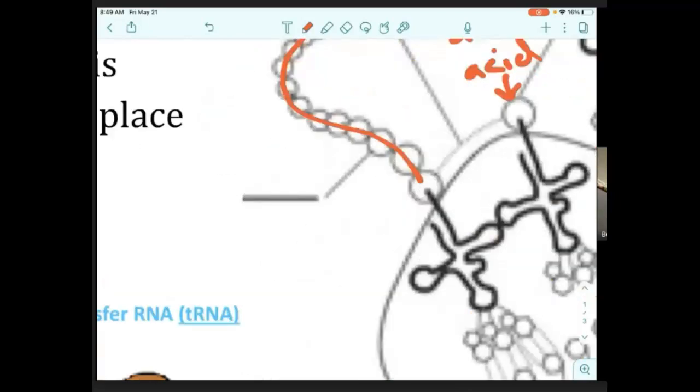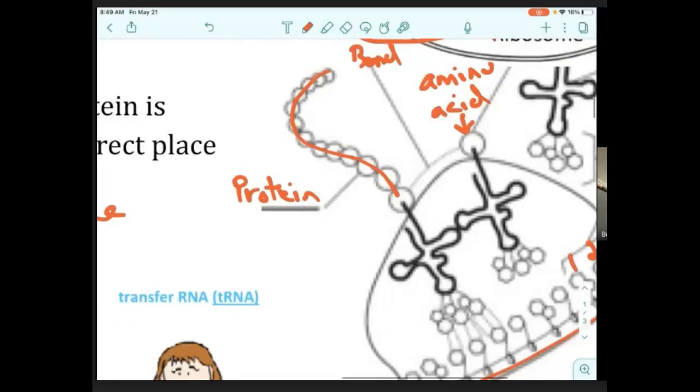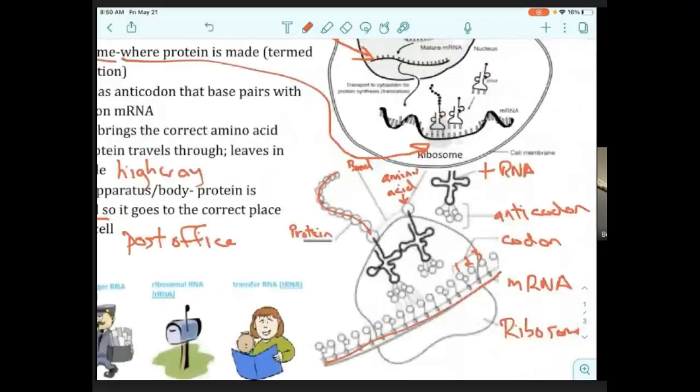You know that. You got it? A protein. Okay, so lots of things to label here. That process is what we call translation. Translation. We're going from a nucleic acid sequence to an amino acid sequence.